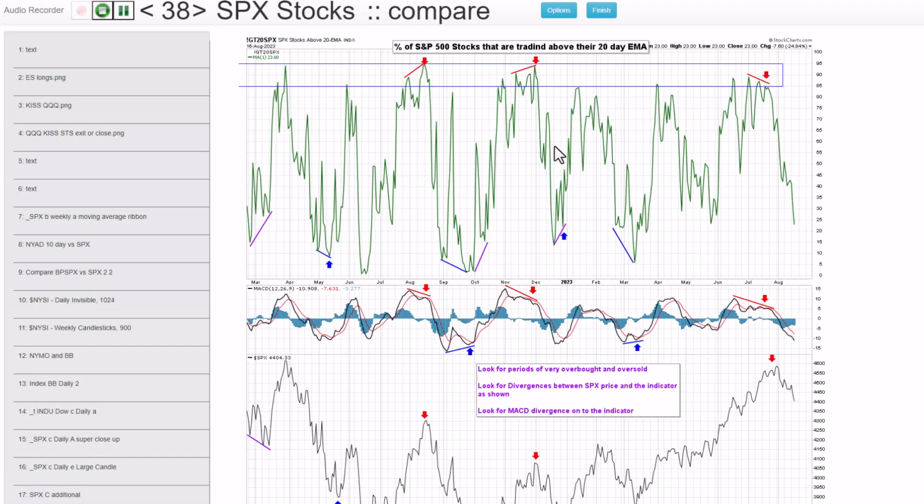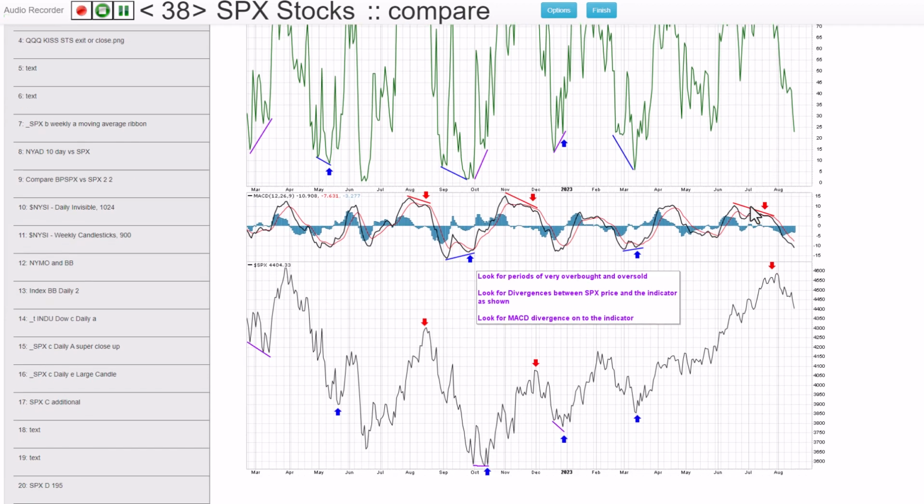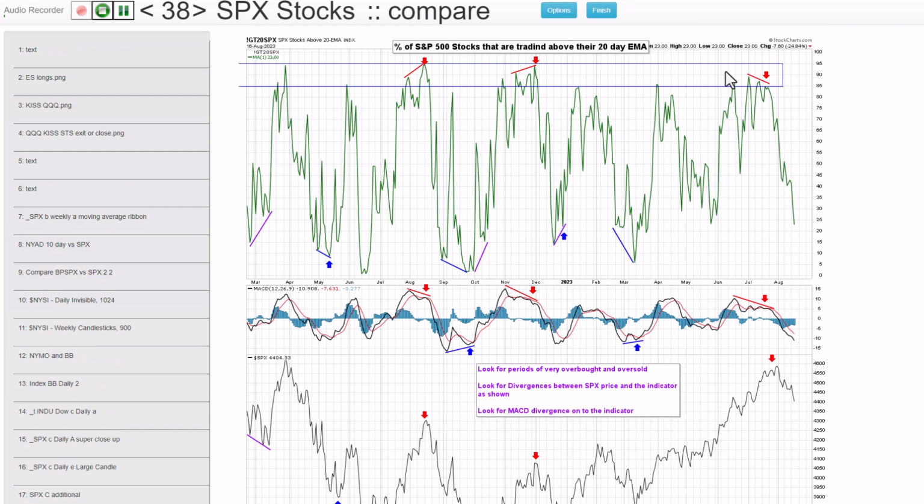Next, chart 38, here's the percentage of stocks in the S&P 500 that traded above their 20-day EMA. By the way, I've got a typo here. But you can see whenever this has gotten up in the 85, 90% area, especially if you've had divergence, that gave you a pretty good area to get out of Dodge or an early warning. You can see that was in July, and we've had a good correction since.